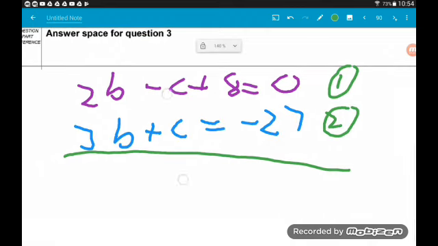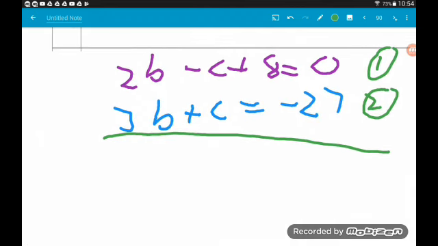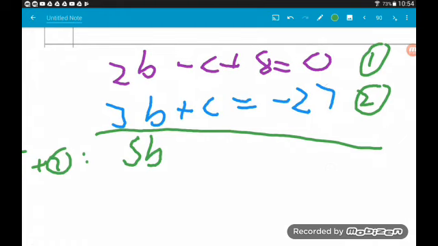Yay. So that's exactly what we're going to do. We're going to do equation 1 add equation 2. So 2b add 3b is 5b. Minus c add c cancels out, that's the whole point. Now we've got an 8 still on the left hand side.